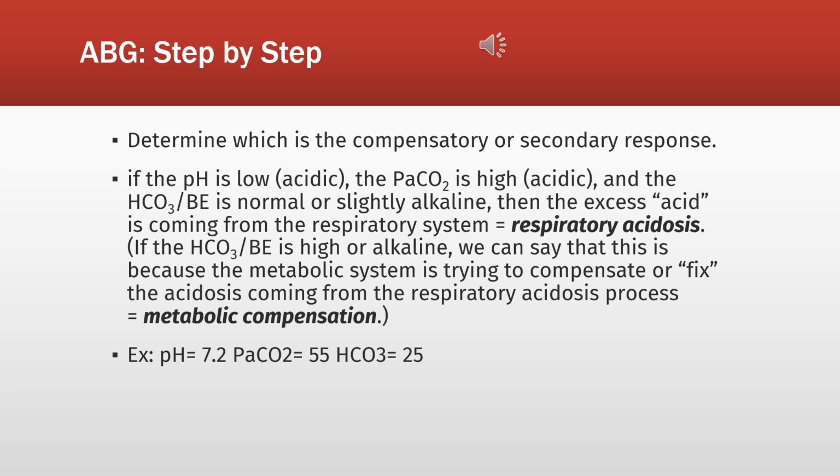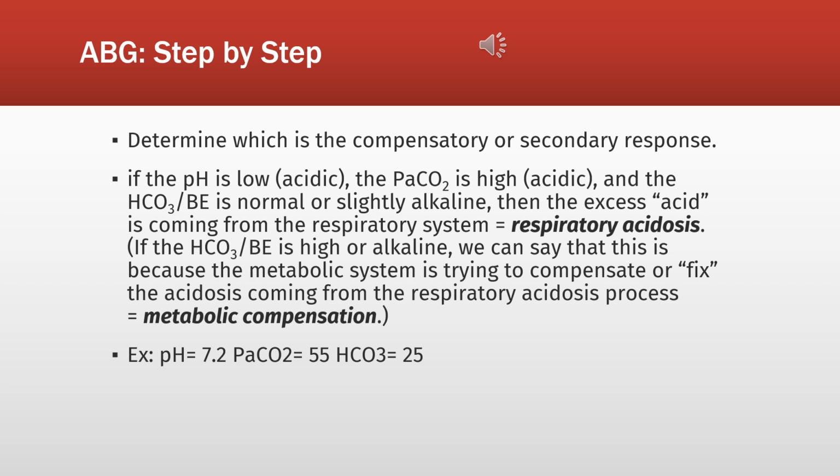So if there was no compensation, then this acidic state could be out of control for too long, and if it's not fixed by an endogenous source or by us, then this animal would be in big trouble. So there are these compensation mechanisms or compensatory fixes that happen so that the animal has a chance to fix itself. So this is an example again of a respiratory acidosis with a metabolic compensation.